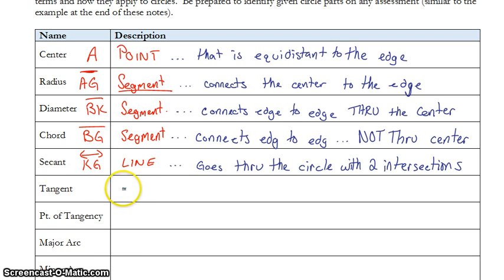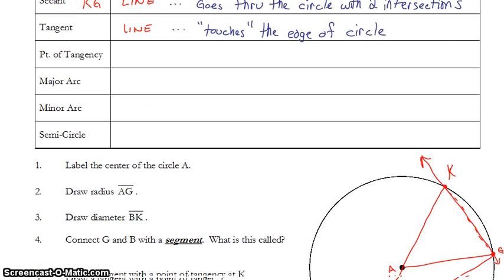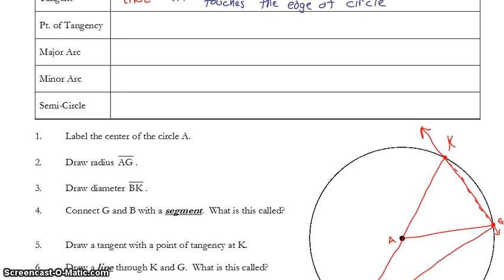The tangent. Tangent is also a line, but this line very specifically, in quotes, just touches the edge of the circle. It never actually goes into the interior of the circle. So for number 5, it says draw a tangent at point K. That means my line is going to be on the outside all the time.